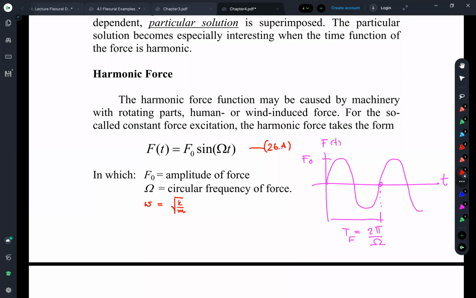The amplitude, I mean the maximum force, is F0, and the minimum force is minus F0, on the negative and positive sides. And the period of the force is big TF, equal to 2 pi over big omega.